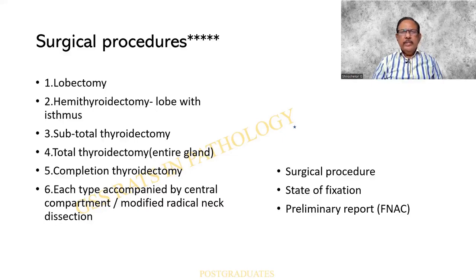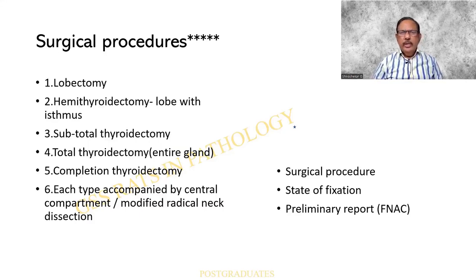Completion, when the surgeon revisits it, when there is going to be a defect or there are multiple nodules or specks that have been identified by radiology. Each type can be accompanied by a central compartment clearance, and there can also be a modified radical neck dissection.